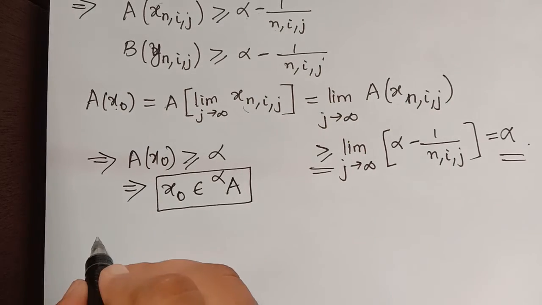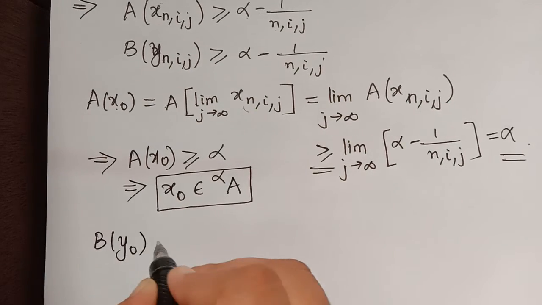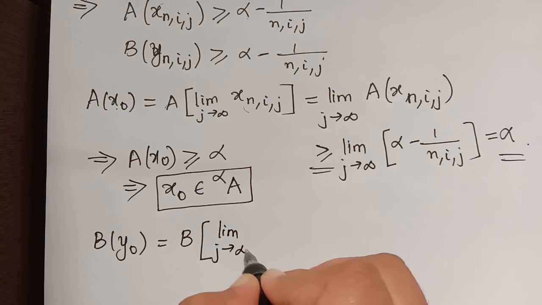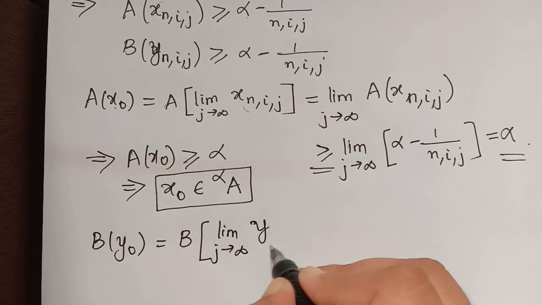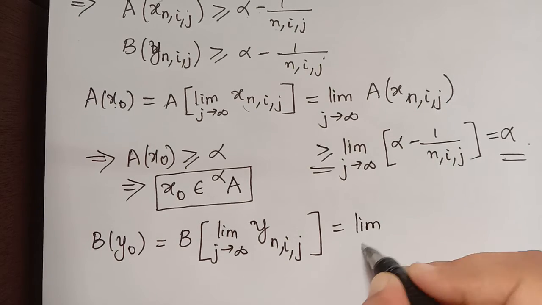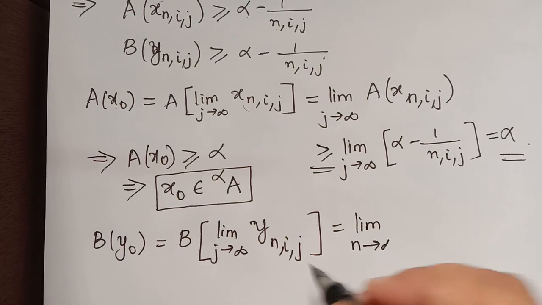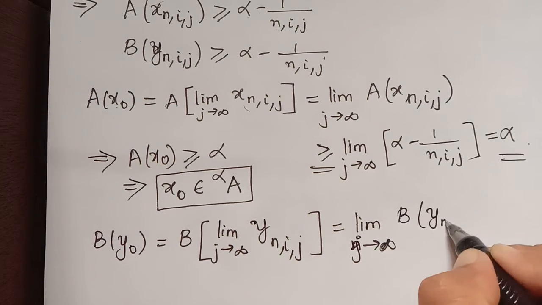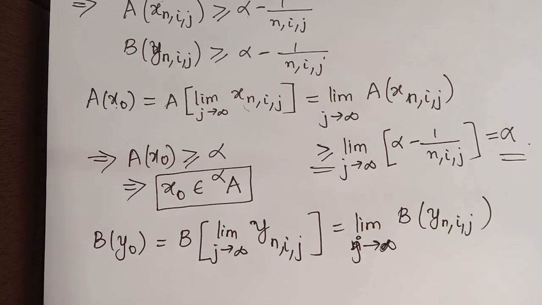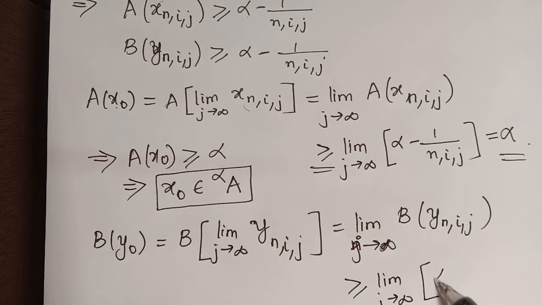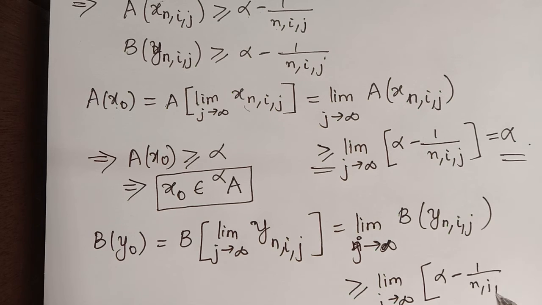Now similarly we can take b of y naught. In a similar manner it will be equal to b of limit j tending to infinity of y n comma I comma j, and that will be equal to, taking the limit out, limit j tending to infinity of b of y n comma I comma j. And what is this? This is greater than or equal to limit j tending to infinity of alpha minus 1 by n comma I comma j.